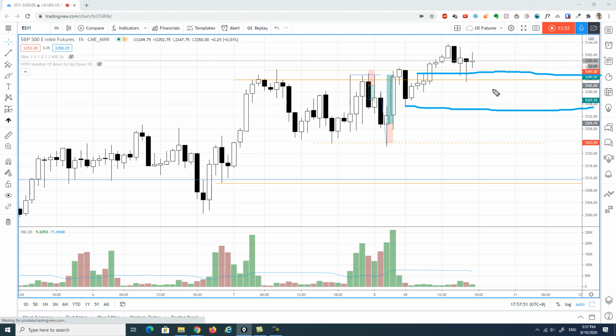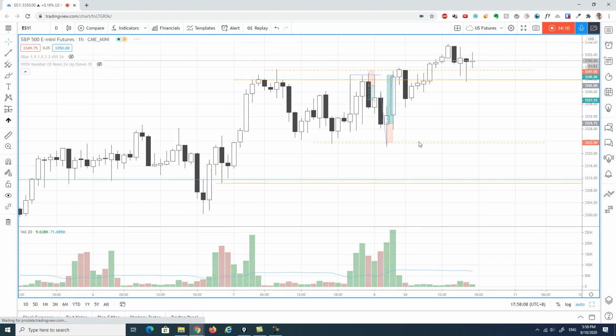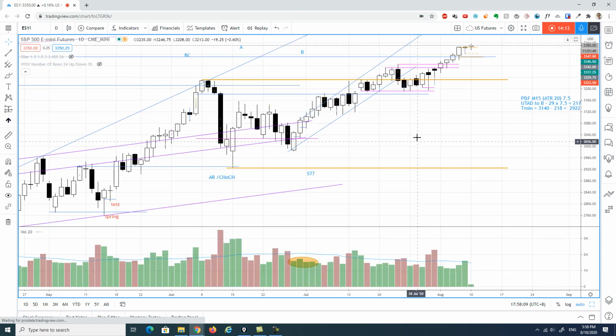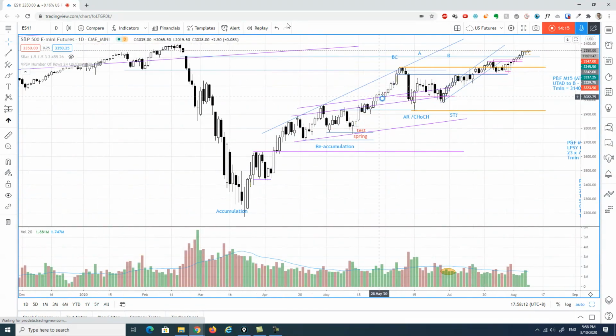This could become a nice trade because what I'm anticipating is for the S&P 500 to continue to trend up, at least to hit the previous all-time high level, which was around 3397.5.